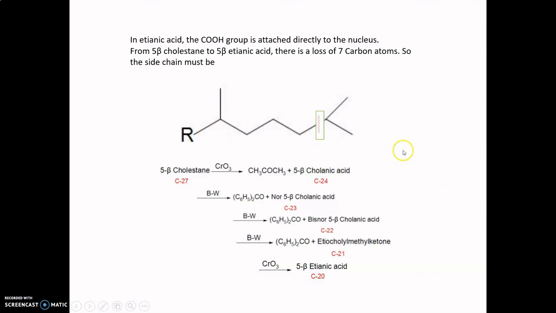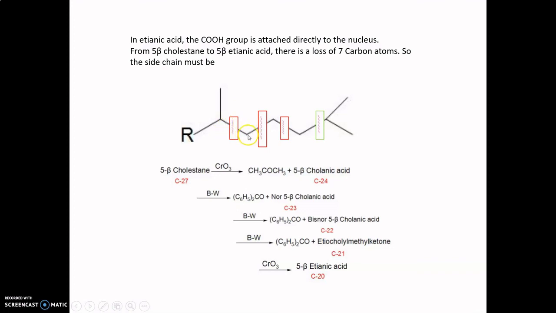Now we are going to do Barbier-Wieland degradation. So this carbon is lost. One Barbier-Wieland degradation is over. You get nor 5-beta cholanic acid, a C23 compound. Then another Barbier-Wieland degradation, and this carbon is lost: bis-nor 5-beta cholanic acid, a C22 compound. And one more Barbier-Wieland degradation gives you etiocholyl methyl ketone, so the keto group will be formed here.